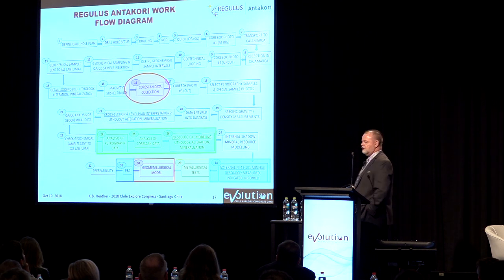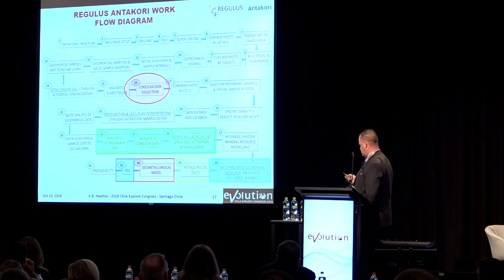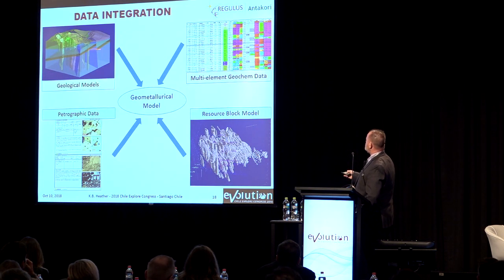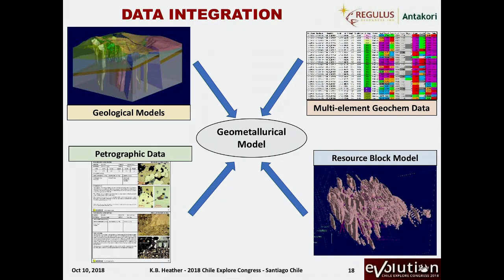And then obviously this all goes towards the PEA to see whether this is actually going to be something that's economic. So, data integration, I think this is all pretty straightforward stuff. Integrating all our geologic models.